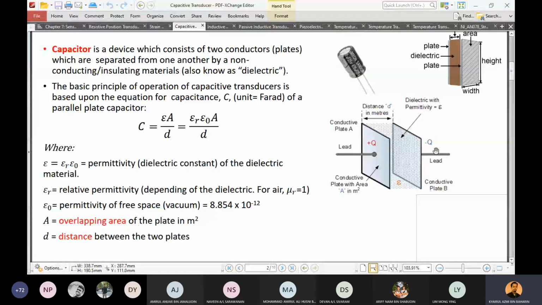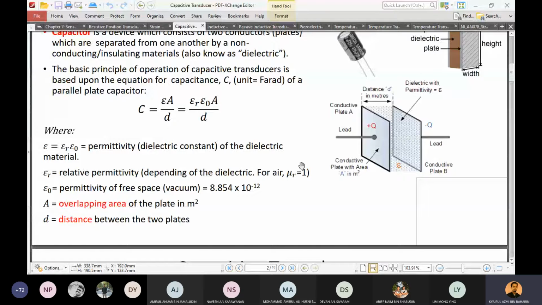If you want to calculate the capacitance, you need to take the area of the smaller plate because that is the overlapping area of the plate. Ini mungkin saya kena buat notes kot depan ni. Kita kena buat satu contoh. Takut terlepas pandang benda ni. But anyway, please take note of the red point here, overlapping. That's an important point.